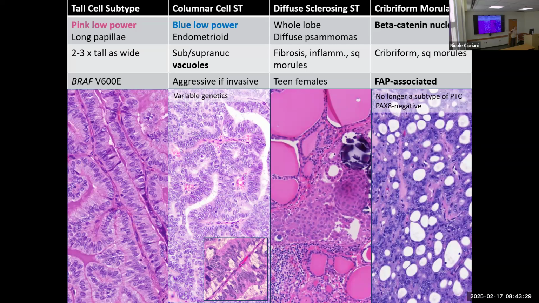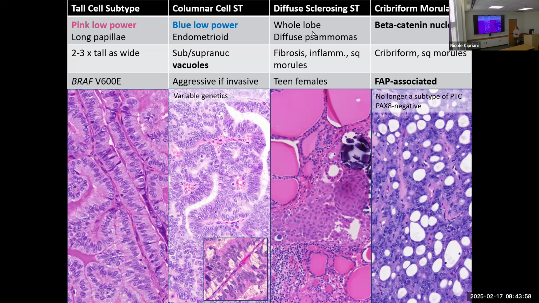These are a heterogeneous group of tumors, many of which do not actually have PTC-like genetics. So keep your eye out for what's going to happen to columnar cell carcinomas, because I think they might not actually be true PTCs, but currently they're classified under PTCs, and generally can be aggressive, but only if they show invasion, not if they're circumscribed. Okay.